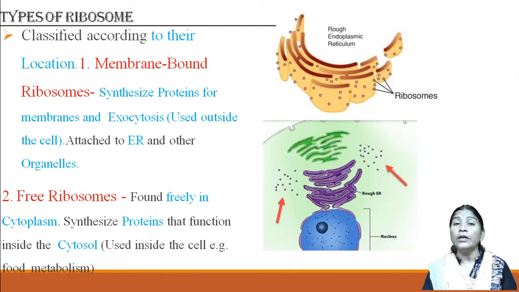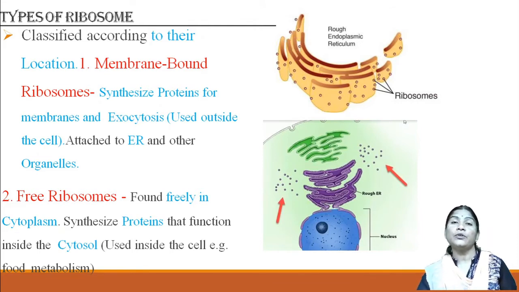The first one is the membrane bound ribosomes. Means those ribosomes which are attached to other organelles. Most of the time these ribosomes are attached to the endoplasmic reticulum, and rarely they attach to other organelles also.